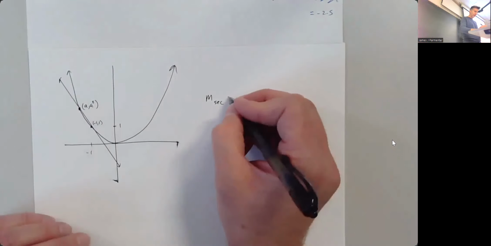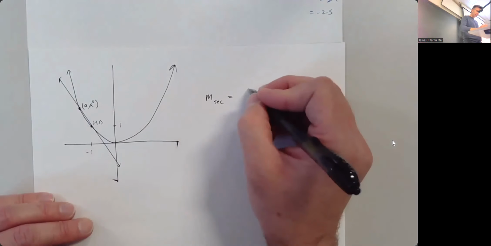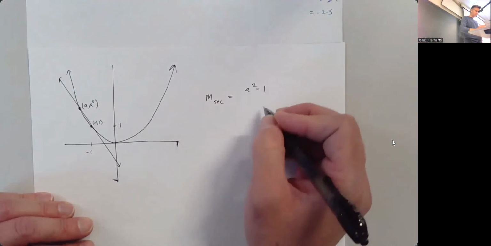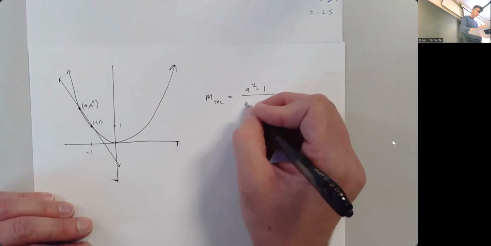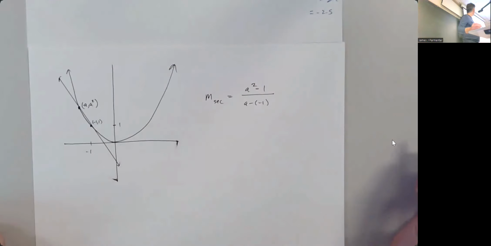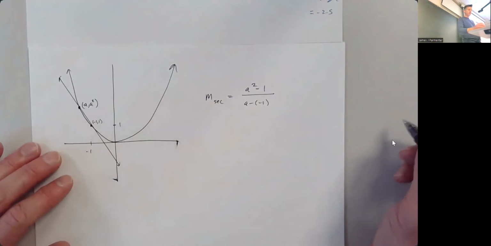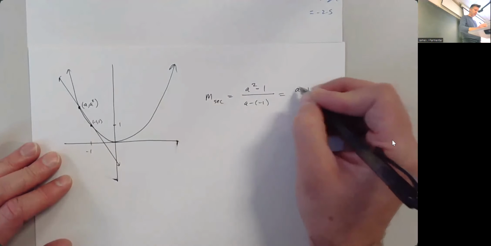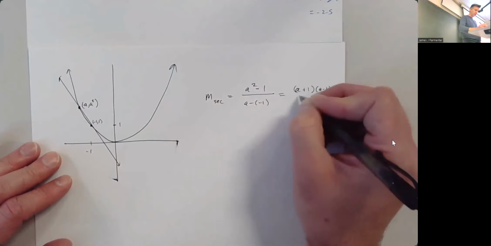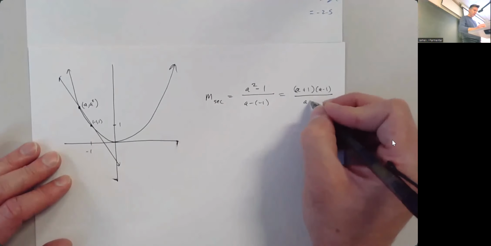So let's see. Again, A squared minus 1 over A minus negative 1. Cool. So let's simplify this. I'm going to get (A plus 1) times (A minus 1) over (A plus 1).